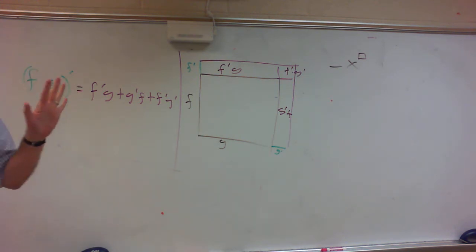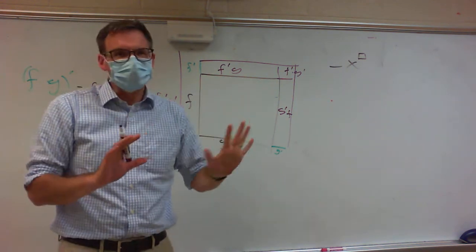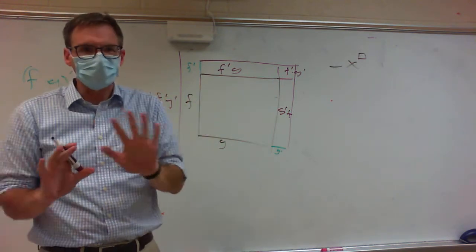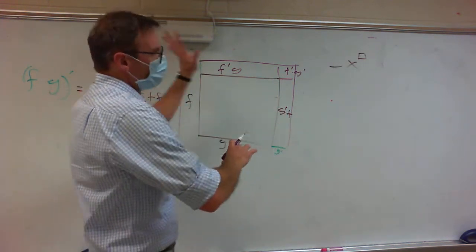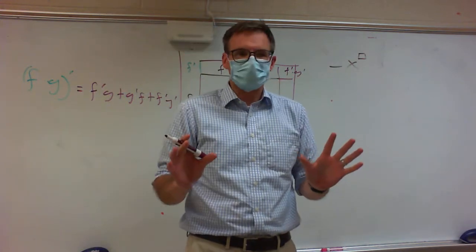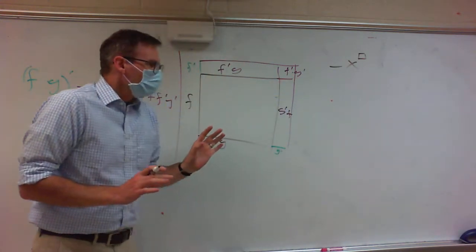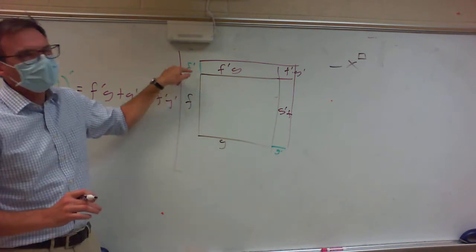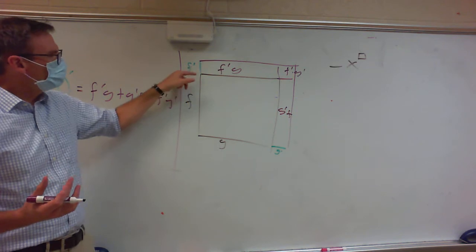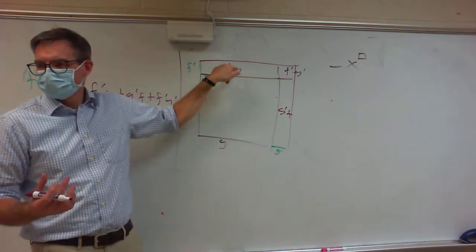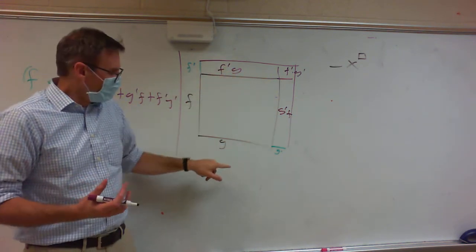Now, I'm going to do a whole lot of hand waving because this is not an official math proof, all right? An official math proof would involve limits and a lot more board space. This is just a picture, right? But my argument is, when I drew f prime, I had to really exaggerate it, just so I have enough room to write stuff in the rectangle. Same thing for g prime.